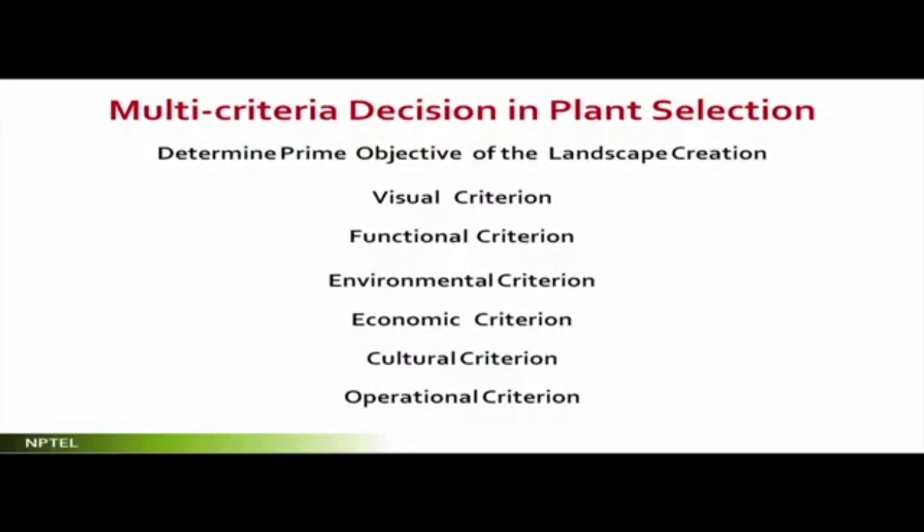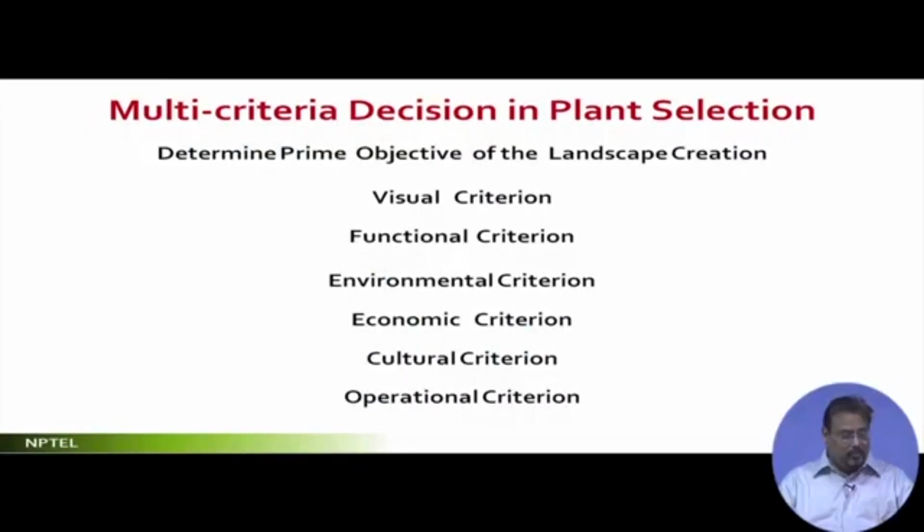Hello, taking cue from my last lecture where I put a set of criteria, recall that, and now we start discussing them individually. Mind you, I have not listed them here in order of priority. It is the priority that you, the designer, will decide.